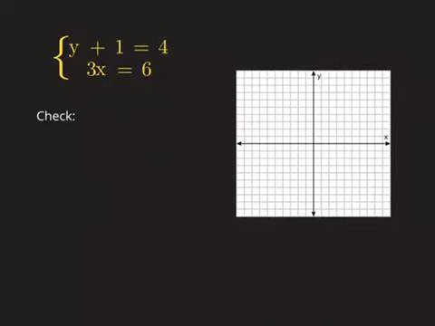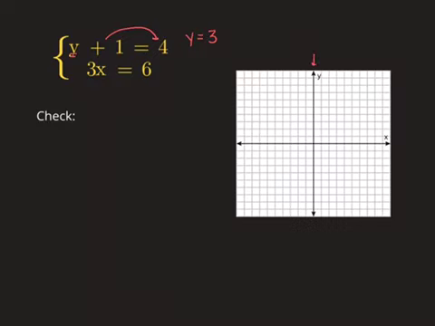Okay, our last two equations are slightly different because I wanted to remind you about horizontal and vertical lines. So you'll notice that this first equation only has a y variable. So the first thing I'm going to do is solve for y by moving that 1 over, and I get y is equal to 3 if I subtract 1 from both sides. So what this means, if it just has a y, is that it's only going to go through the y-axis right here.